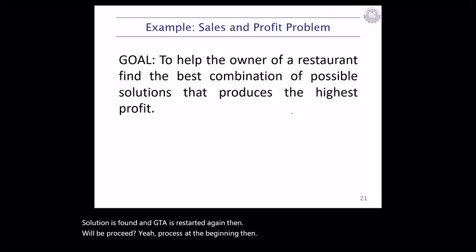So this is an example. You can try this one, maybe prepare with paper, and try it on your own first. This example is a sales and profit problem using the GA.